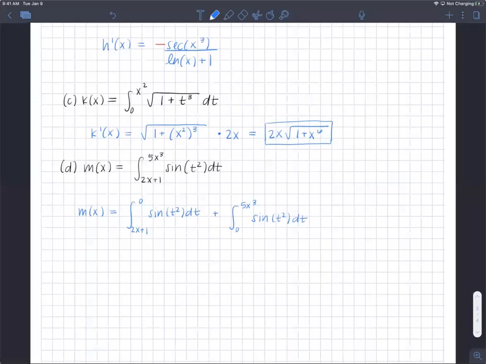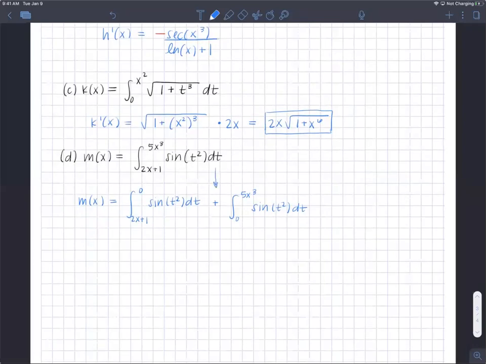Remember that these two lines are equivalent now. And usually when you want to split it up like this, you're going to use 0 as your middle point because it's always easier to do it with 0 right there.